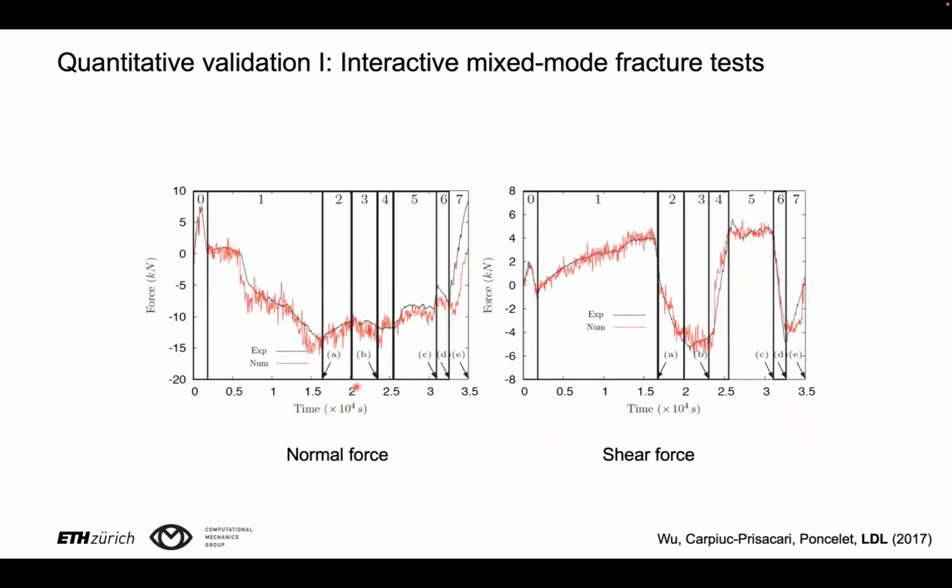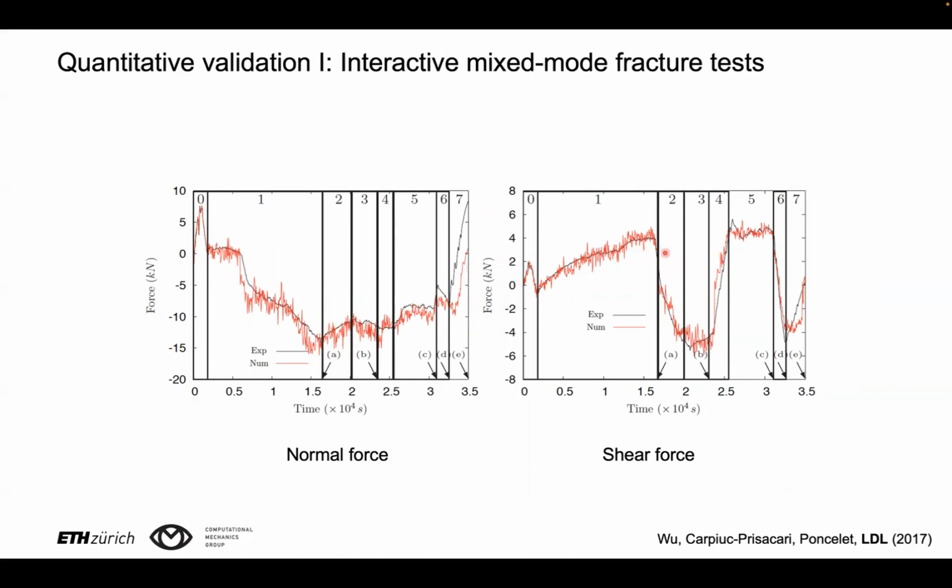And finally, I promised to show you the complex loading history. Here you can see the time change of the normal force and of the shear force. In the first stage of loading, both normal force and shear force are increasing and then decreasing. Then follows a second phase where the normal force decreases and the shear force increases. In the subsequent phase, it's exactly the opposite: the shear force decreases and the normal force increases, and so forth.